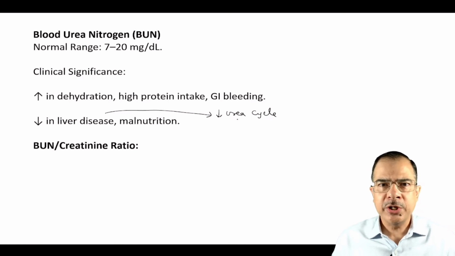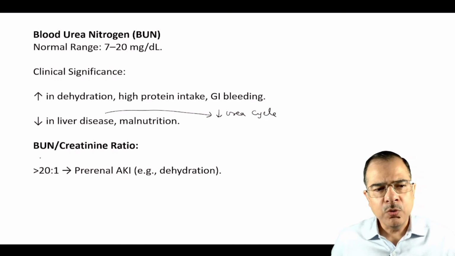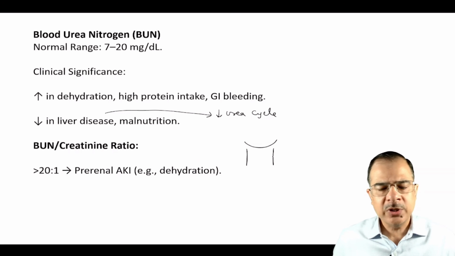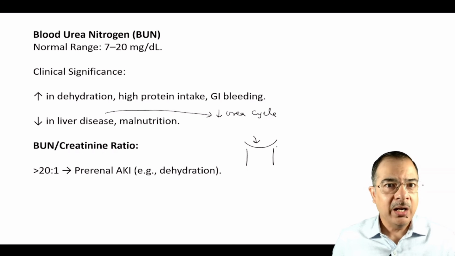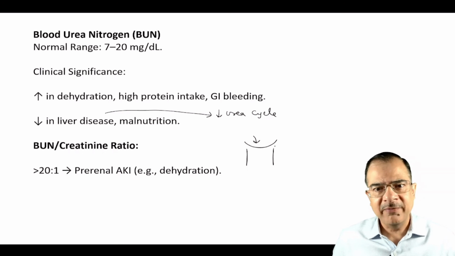Now this is an important ratio, blood urea nitrogen to creatinine ratio. This ratio will be more than 20:1 in pre-renal AKI. In pre-renal AKI, the tubules are functioning normally. It is only the dehydration which is causing the renal failure.